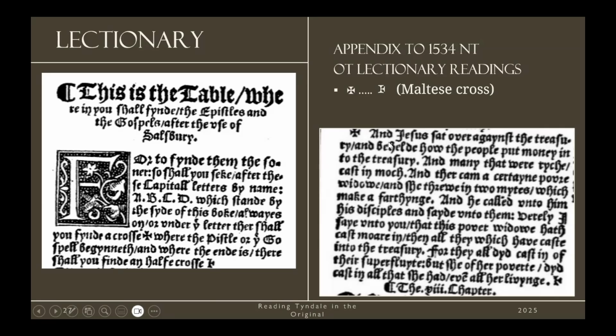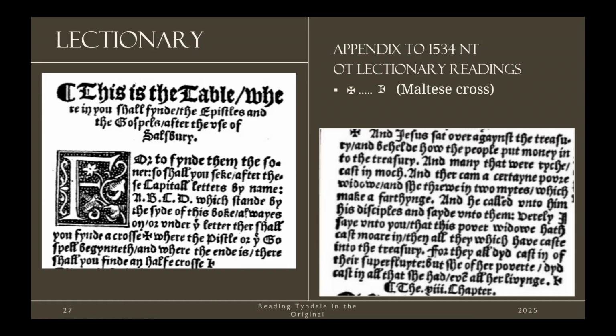So I've put this on the right hand side, that the pericopes which were in the lectionary, there was a little full cross to say this starts and a half cross to say it finishes. And so you could use his Bible like your lectionary book, because you went to church on Sunday and you could find the relevant reading.